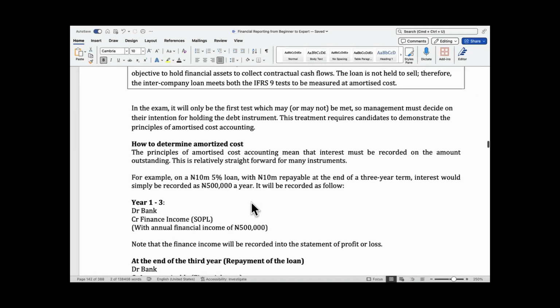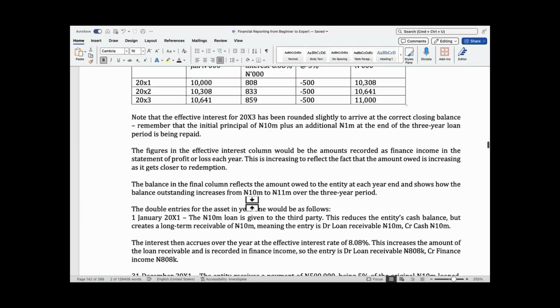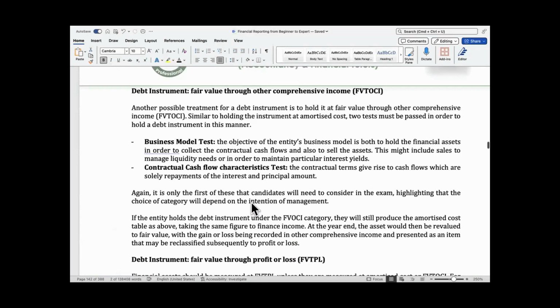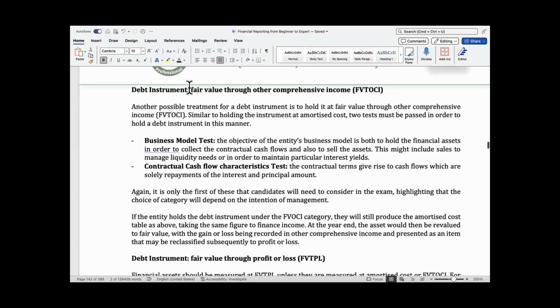However, let me check the second one before I go to calculation. However, for fair value through OCI, your business model must be that you will collect interest and principal, which I call contractual cash flow here. And also, you also have the intention of what?